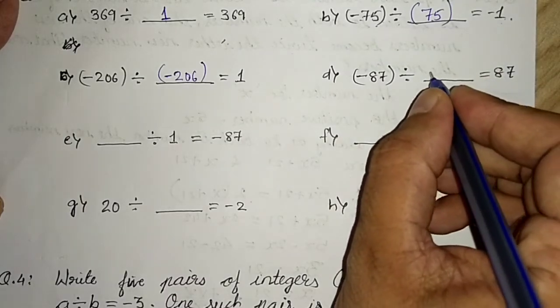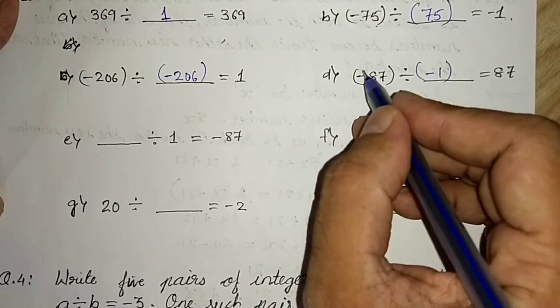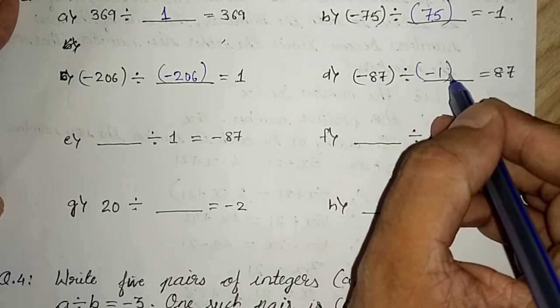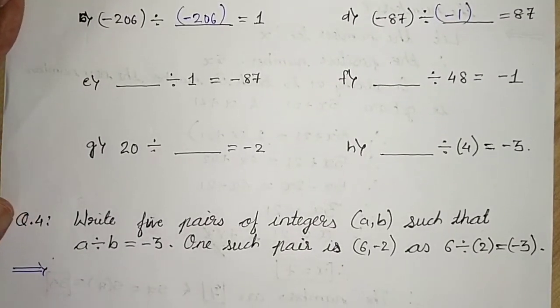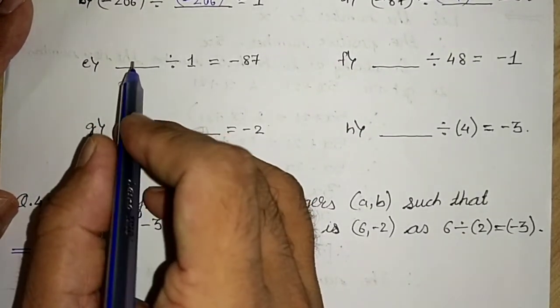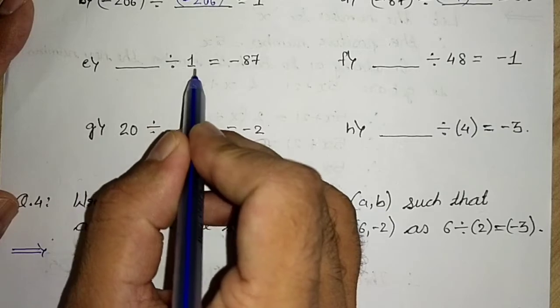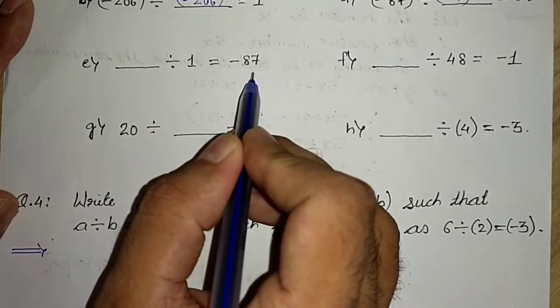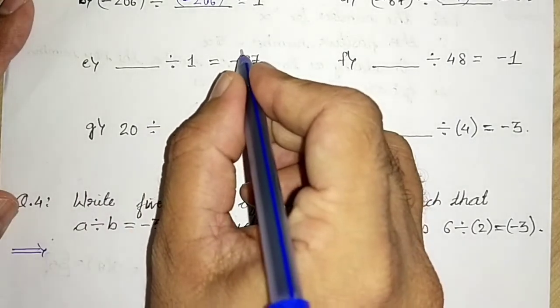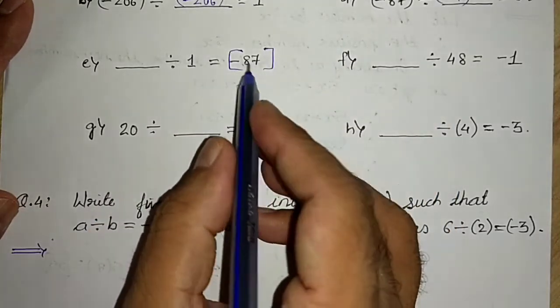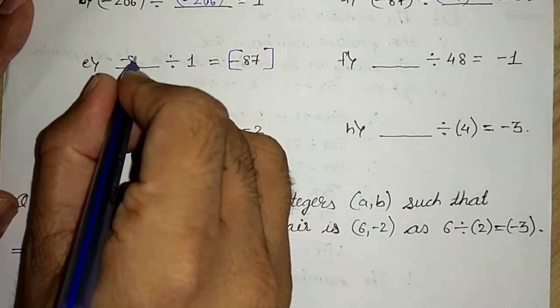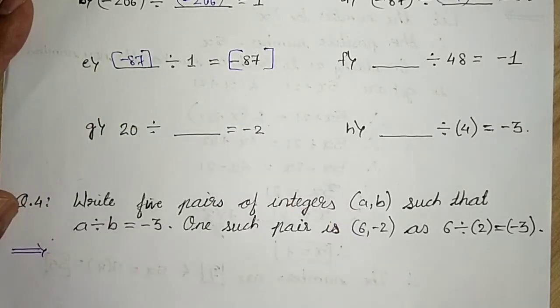So here we will divide by minus 1 so that minus minus cancel out, and 87 divided by 1 will give me 87. Now part E, dash should be divided by 1 so that I get the answer as minus 87. I have told you anything divided by 1 gives that number only, so my answer will be minus 87. Very easy students.